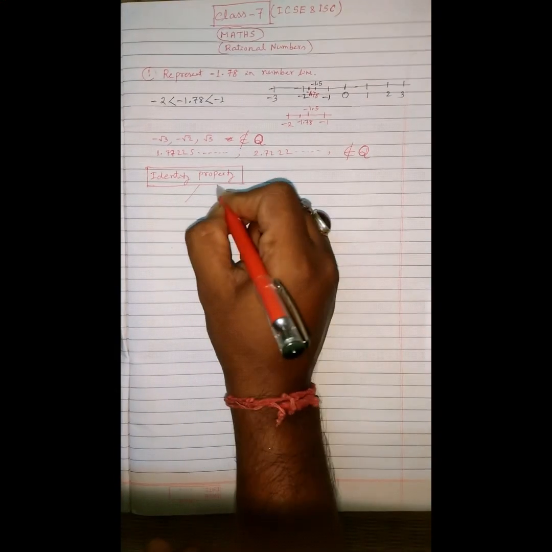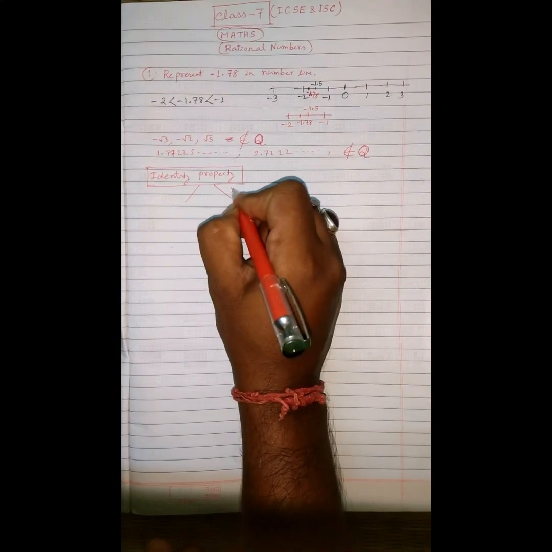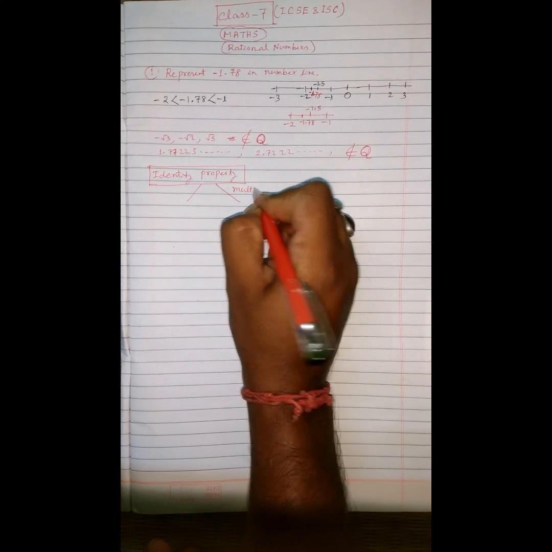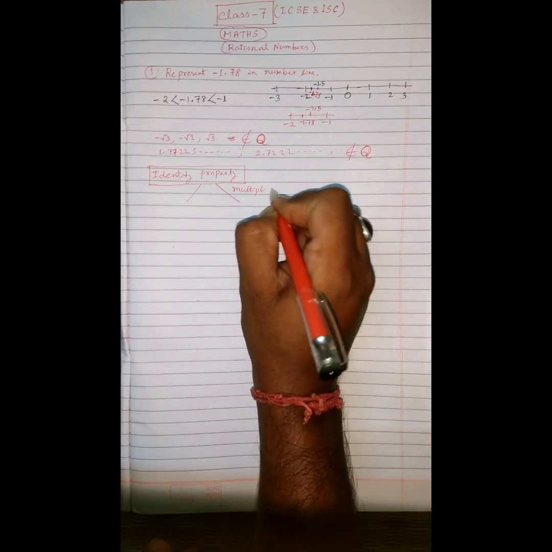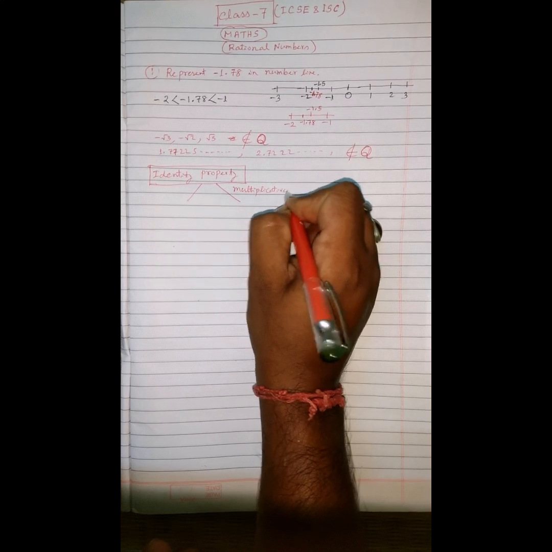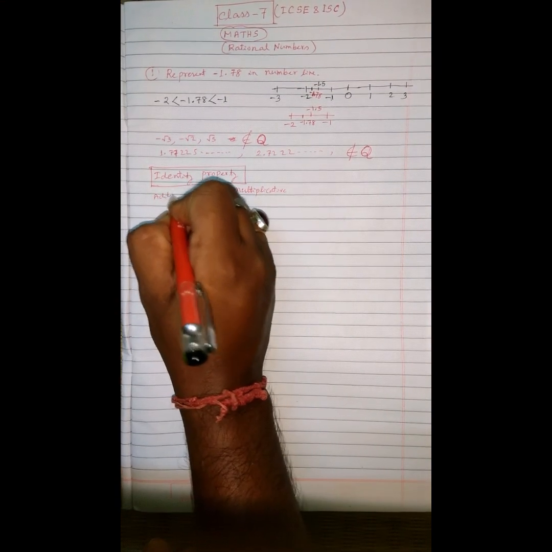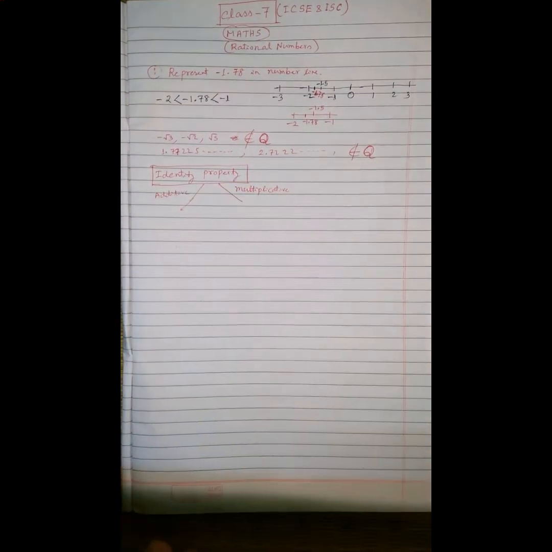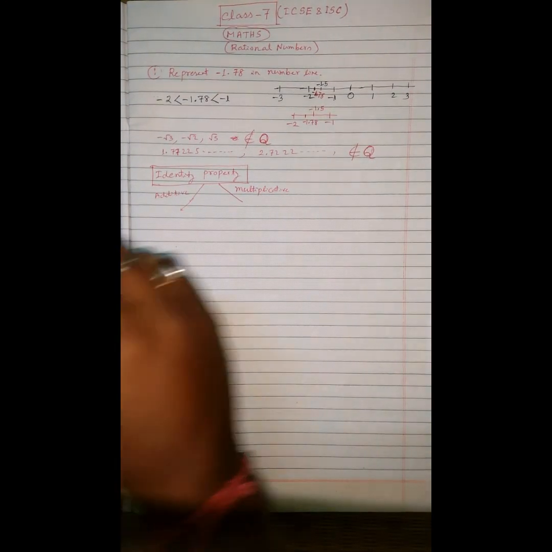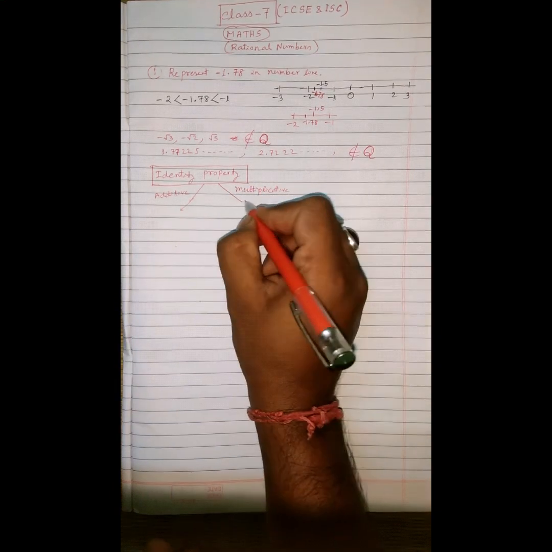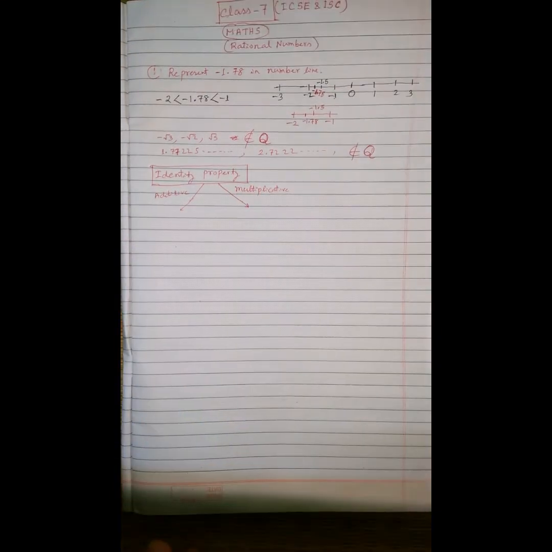The identity property is of two types: one is additive identity, another is multiplicative identity.